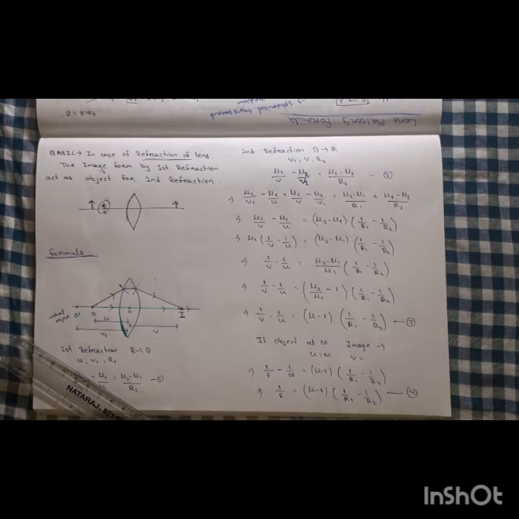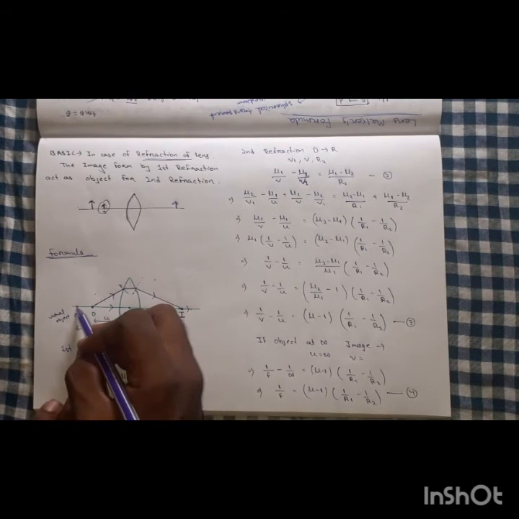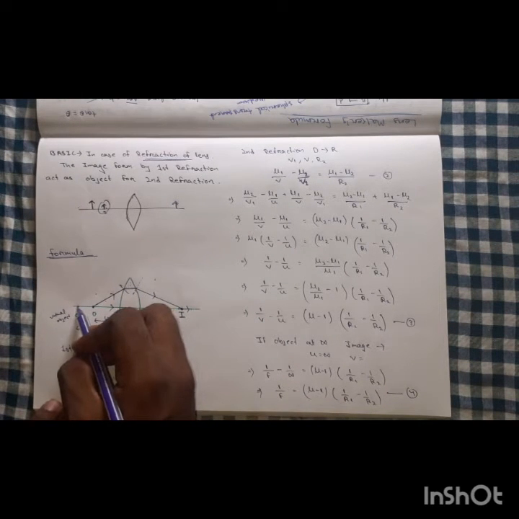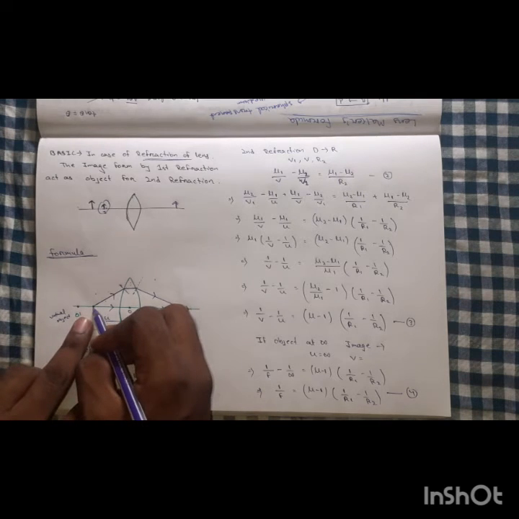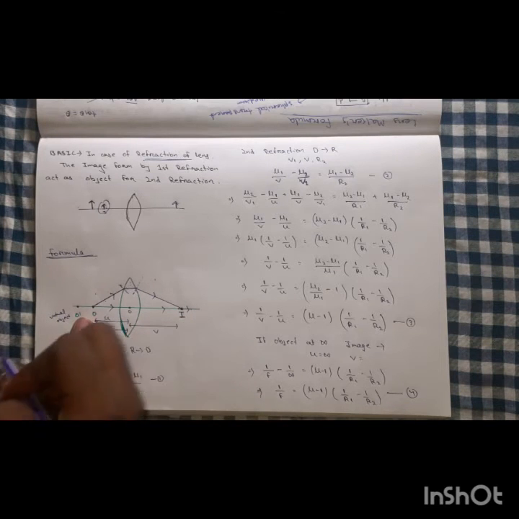We studied in the earlier case that where two rays meet, that will be our image point. Then listen, for the first refraction the image will be here, yes or not, and the object is this. So it is the object distance.